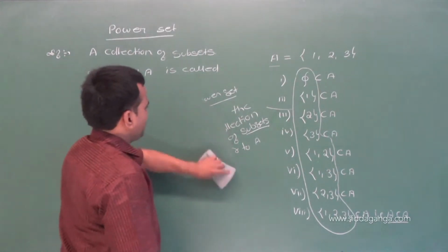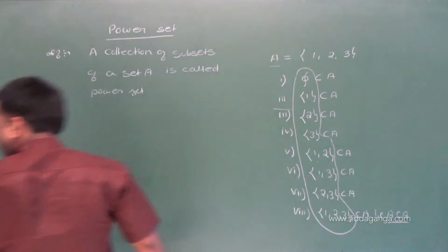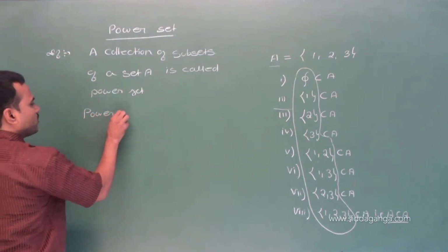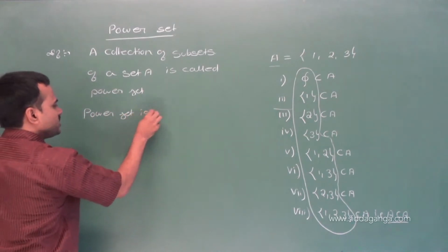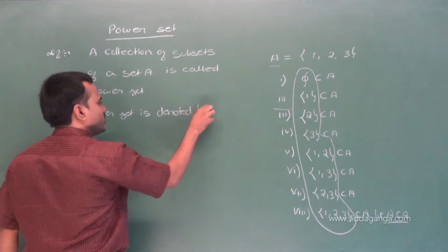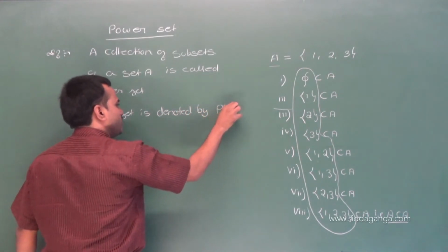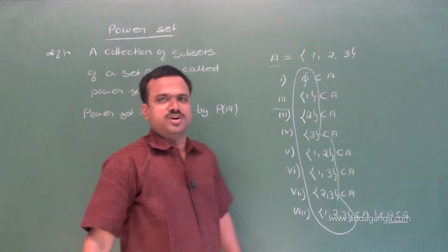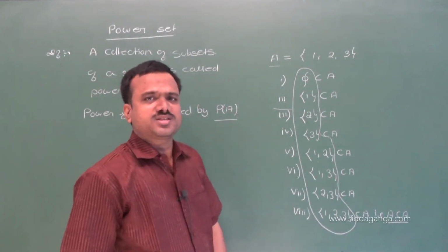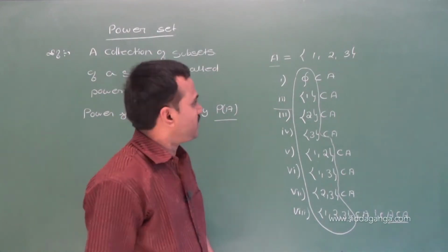The power set is denoted by P of A. Always remember, very important: power set is denoted by P(A).